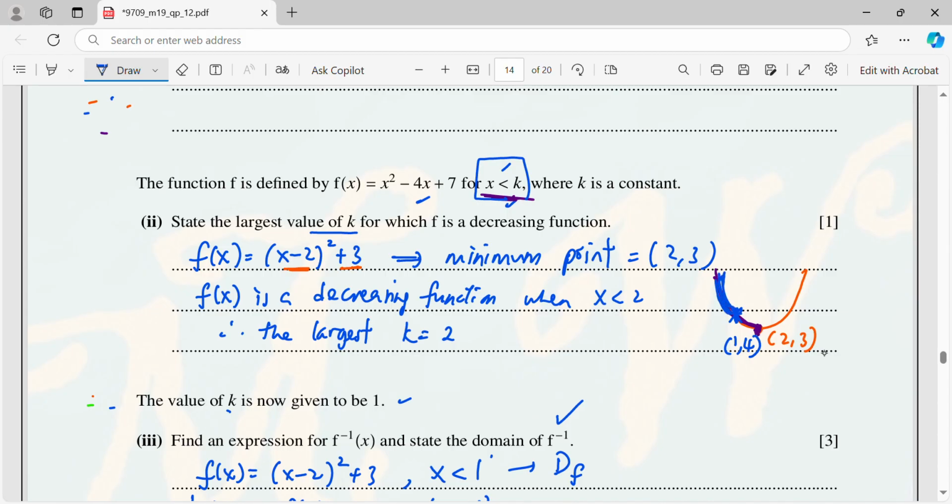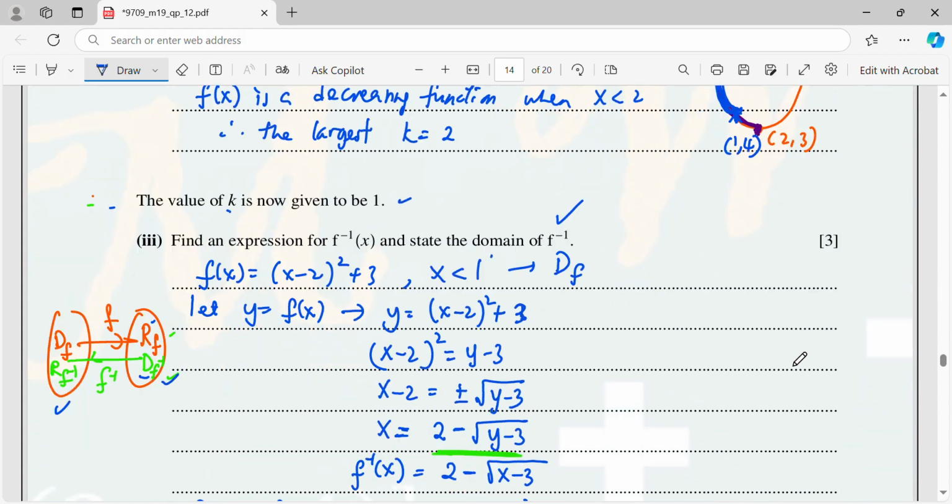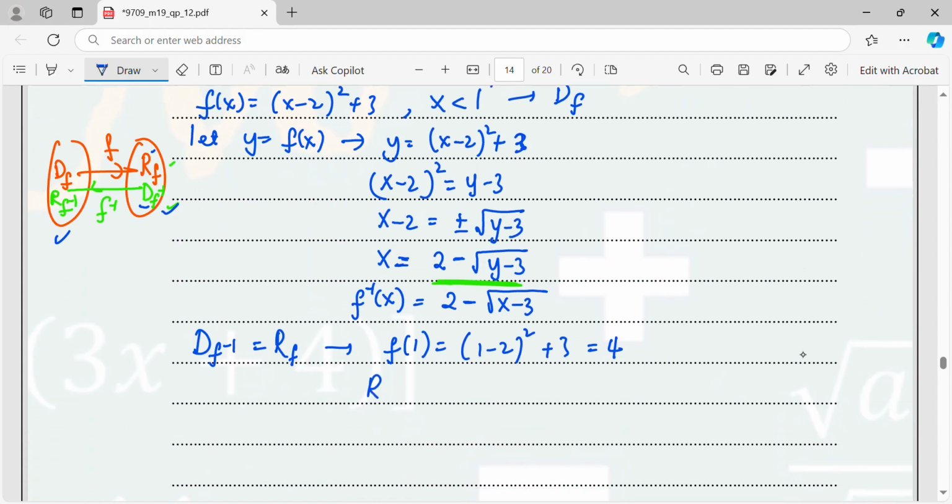Or my y will be greater than 4. So basically my range of f is f(x) greater than 4. Therefore, my domain of f inverse, just change the f into x due to this formula. Okay, so that is done for f inverse and the domain of f inverse.